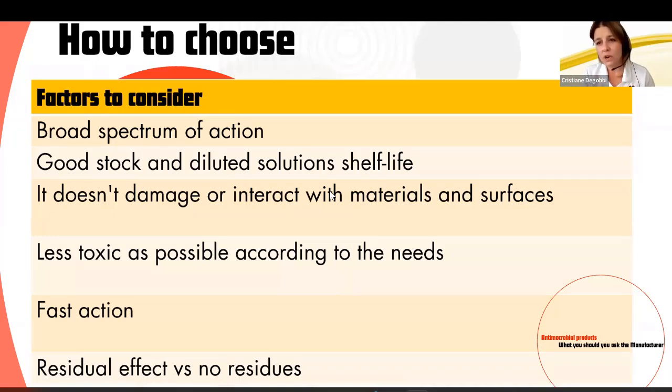But sometimes you want to choose something that will not leave residues. For example, if you go to a daycare center, you do not want to expose kids to chemicals if it is not necessary. So you may choose one product for toys that will not leave any residue on the surface and it's going to be safe for them.